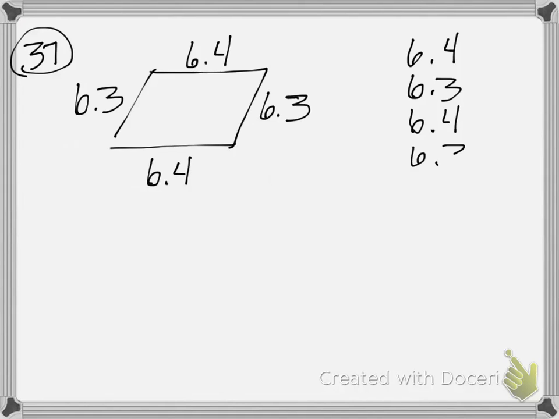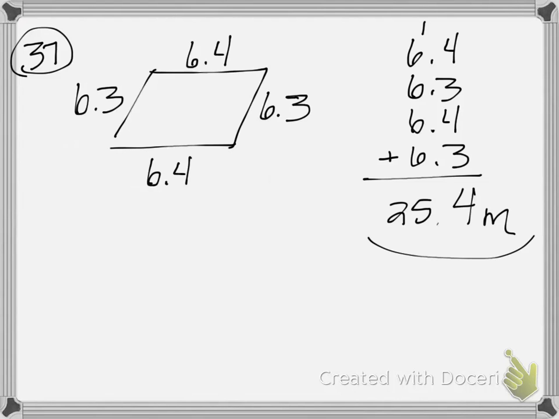And you can actually add them up in any order that you want. It doesn't matter. So that would be, what, 14? That's 24, 25. Looks like 25.4 meters. Hopefully we did that one right. Let me double check the answer. Yeah, we did.